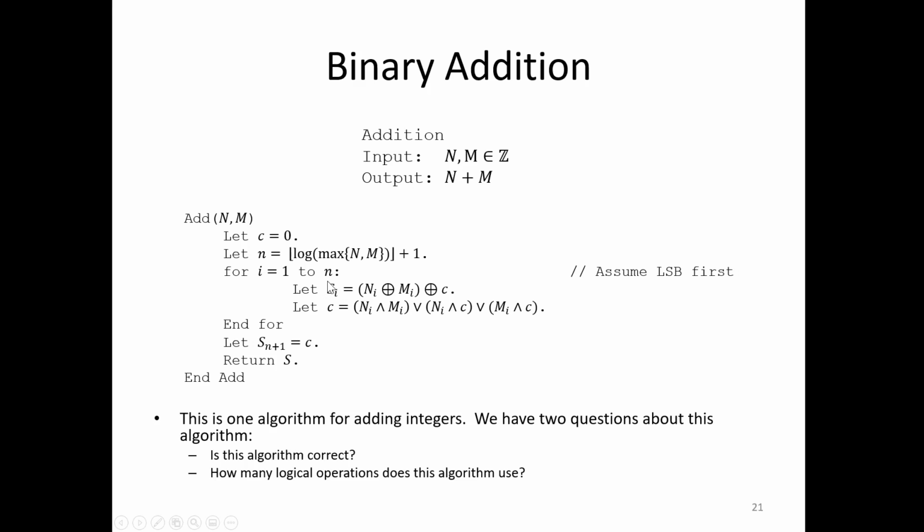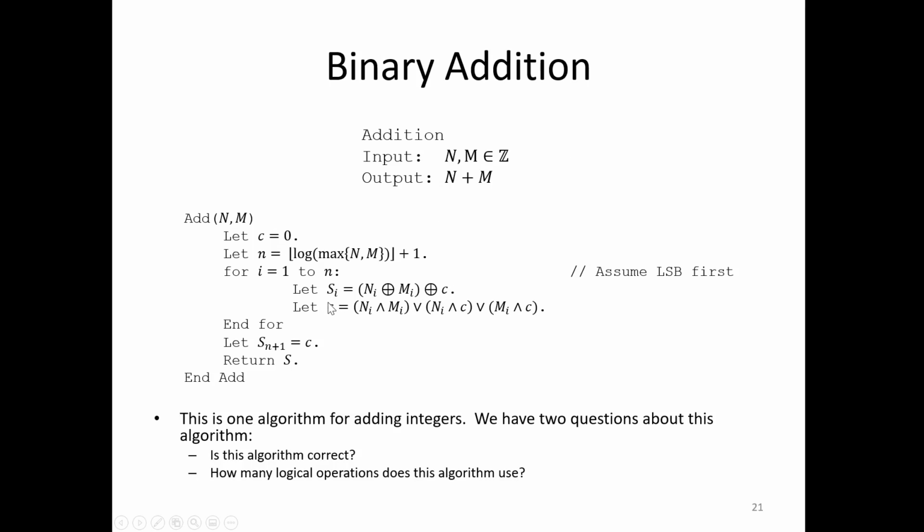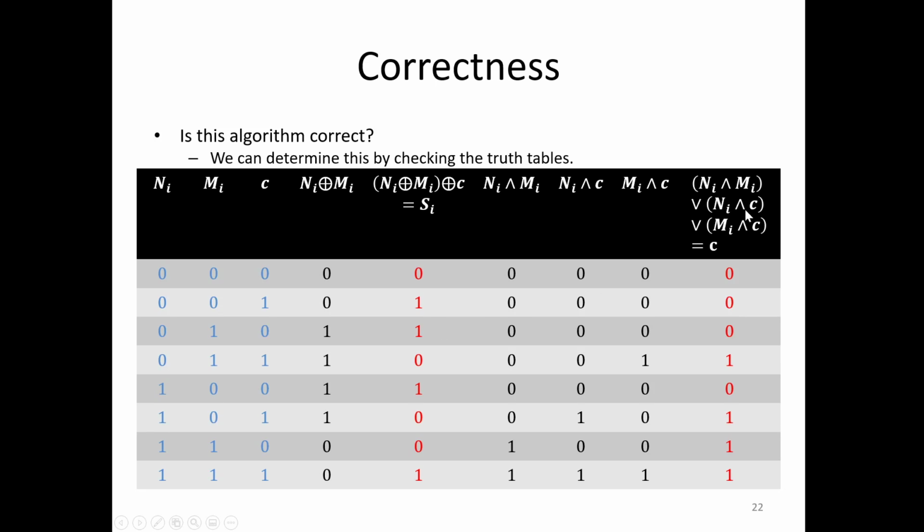The sum bit that we should calculate in this iteration is going to be this XOR function. Likewise, the carry bit on each iteration was this longer value, where we had some conjunctions joined together with ORs, or a disjunction. And again, we have the same thing here.